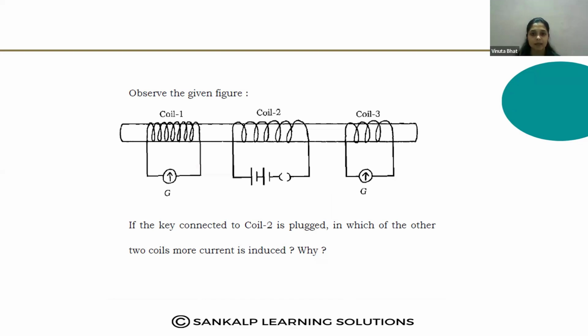Why? Here, in coil 1, more current is induced because of the number of turns. When the number of turns in a solenoid increases, the induced current also increases. Okay, so that is the answer.